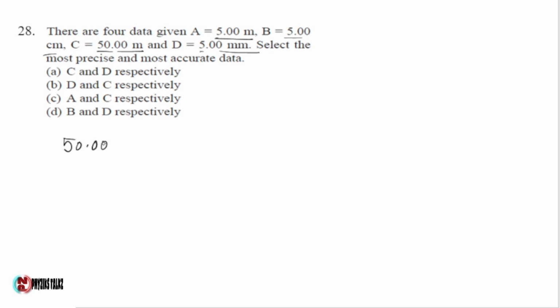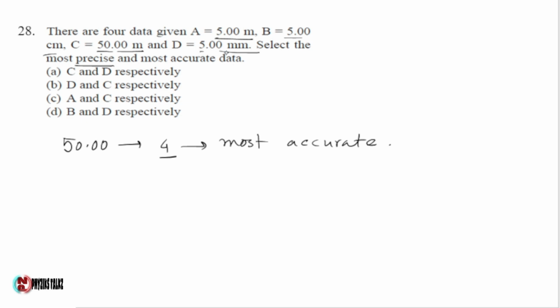So 50.00 has 4 significant digits, so it is the most accurate measurement, and the most precise is the one which has the least value.